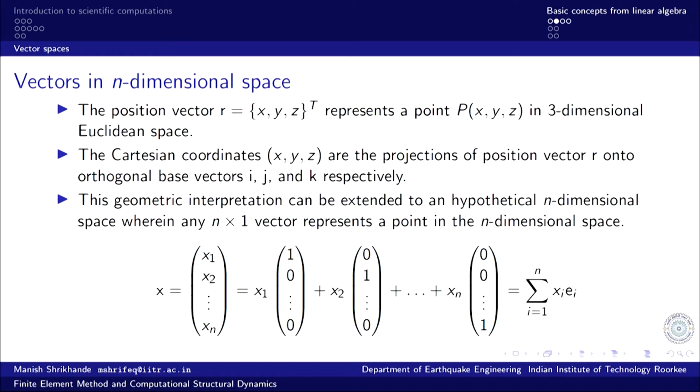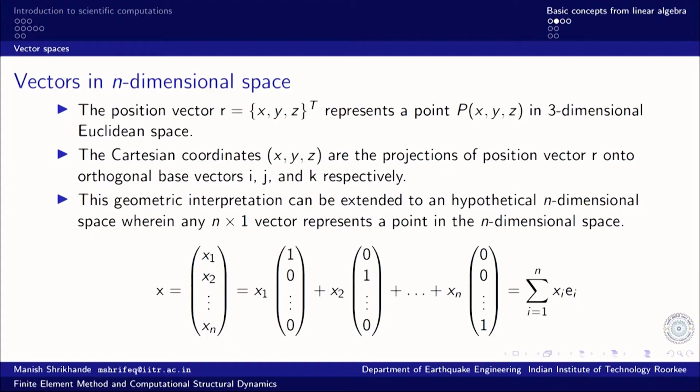So, this geometric interpretation can be extended to a hypothetical n-dimensional vector space, where we have a vector of n elements, and I can represent it as a linear combination of base vectors.